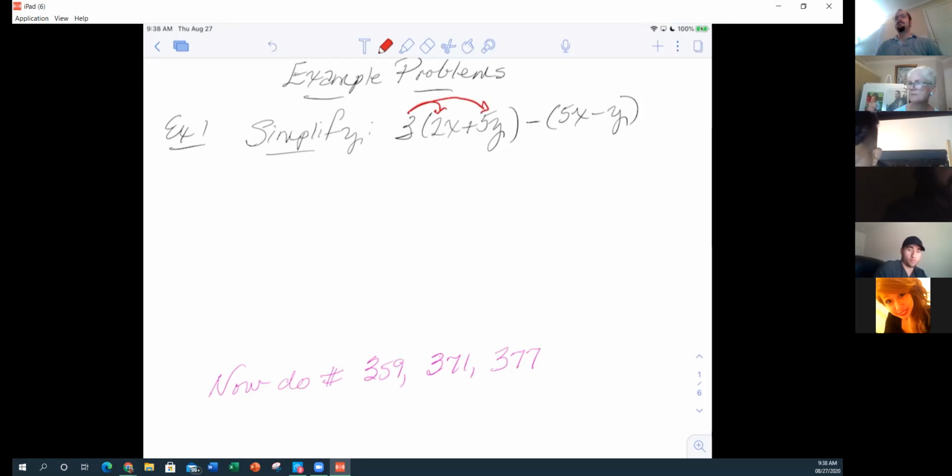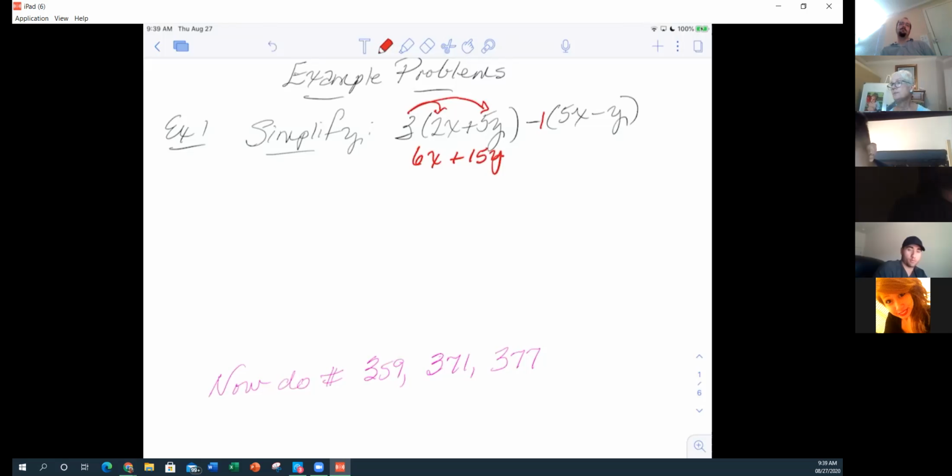And when you're using the distributive property, you just start at the number that's in the front part of the parenthesis and then end at the one that has the closing parenthesis. So I'm going to say 3 times 2x is 6x, and 3 times 5y is 15y. Now this is where some people get confused. If there's a negative in front of a grouping of parentheses, there's an implied -1 right there.